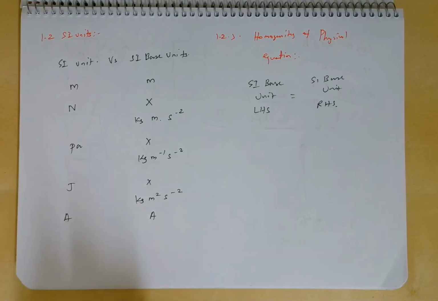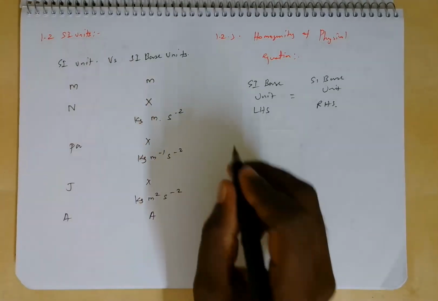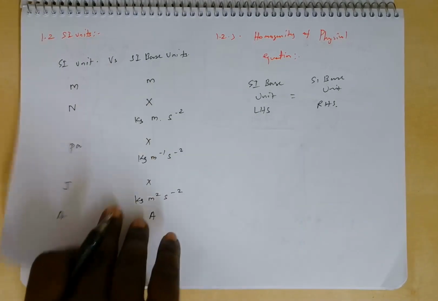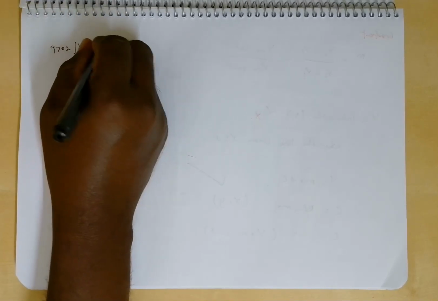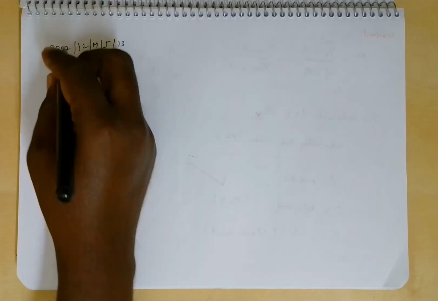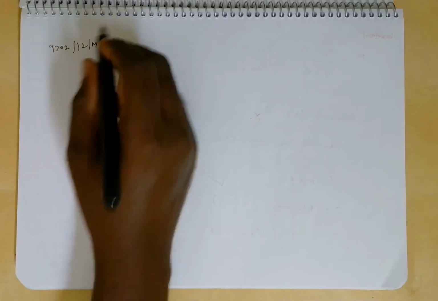Okay. So for example, this is question from 9702 12 MJ 30, second question.